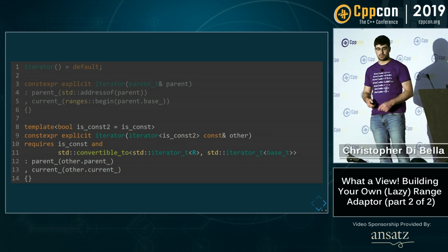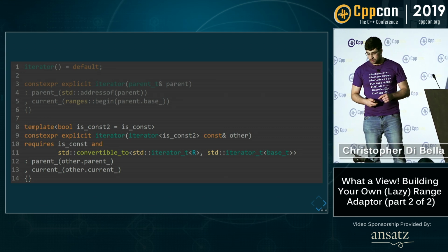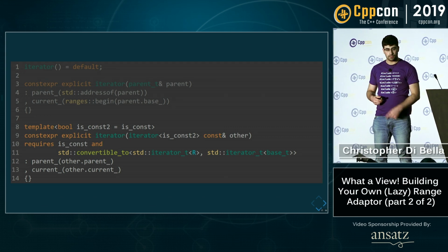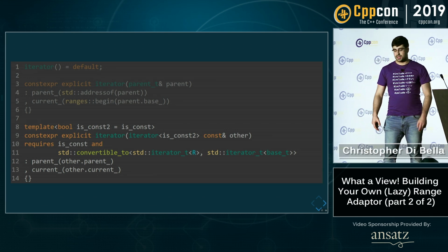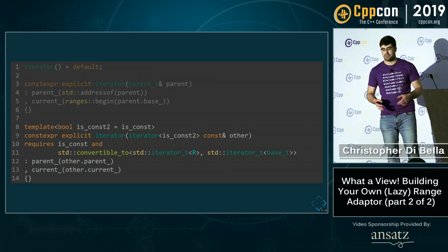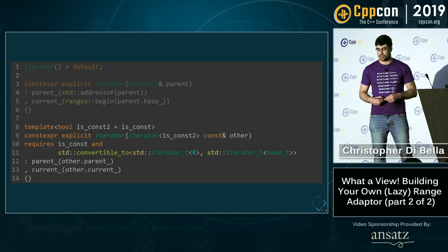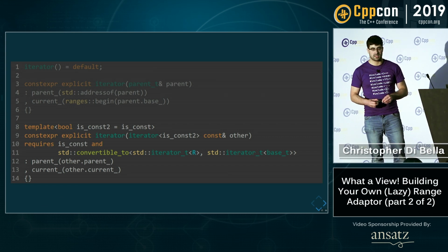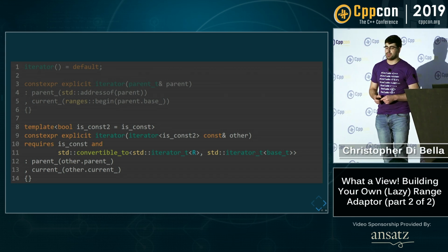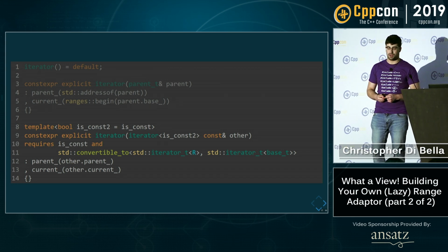Margaret. So the question is, why is there a template head there that says bool const2 equals isConst? Is that correct? So the reason for that is because we need to force this to be a dependent context.